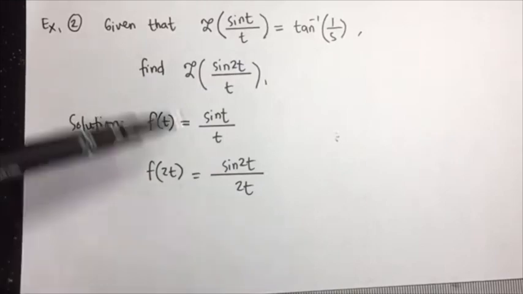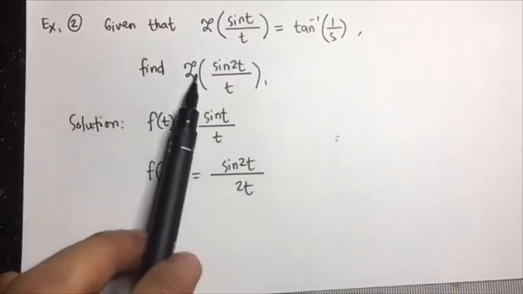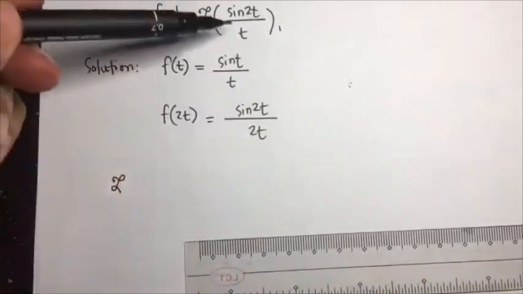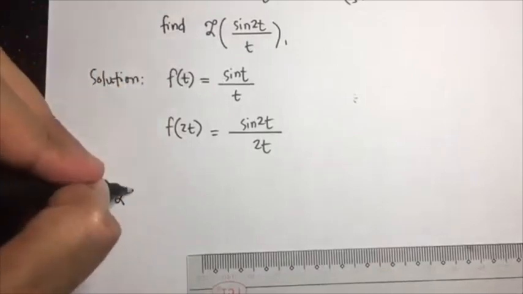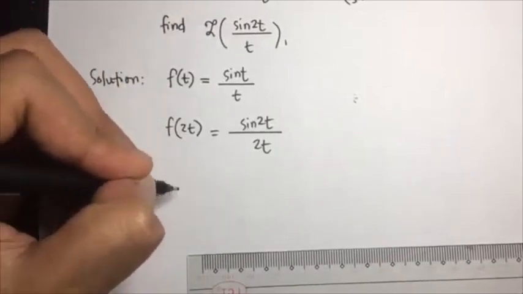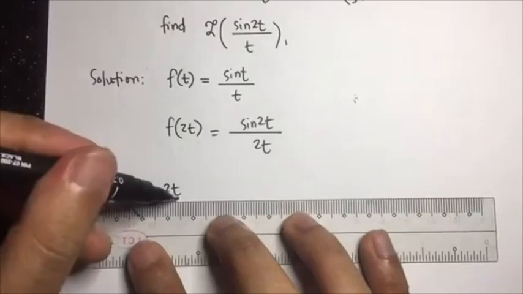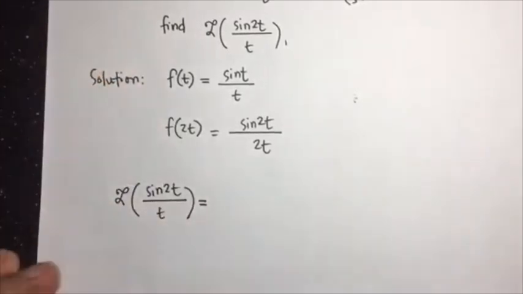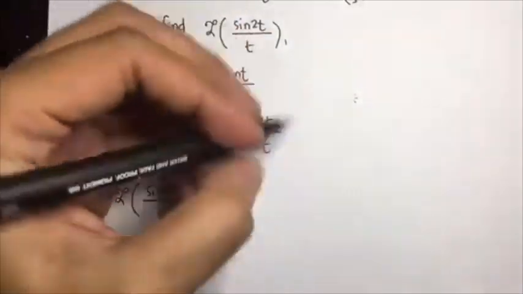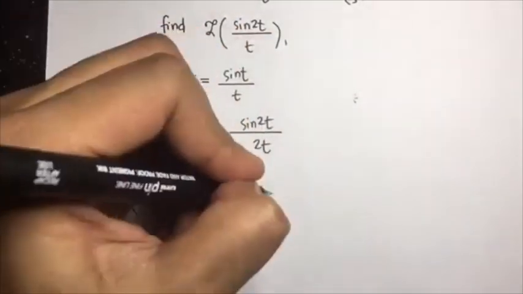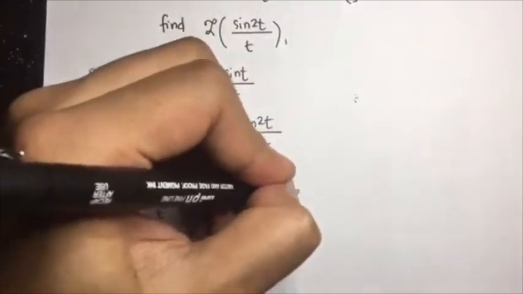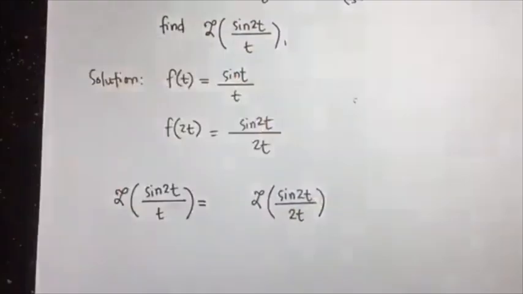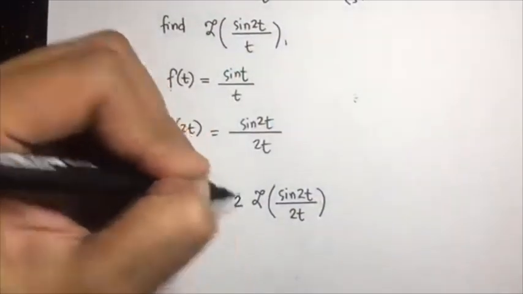Therefore, the Laplace transform of sine 2t over t is equal to the Laplace transform of sine 2t over 2t, times 2.